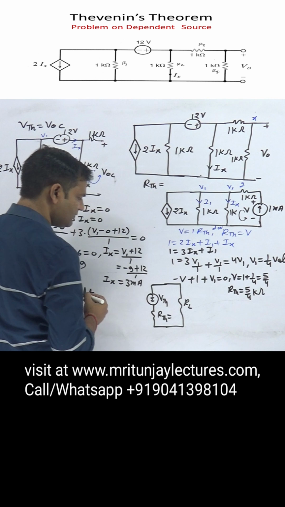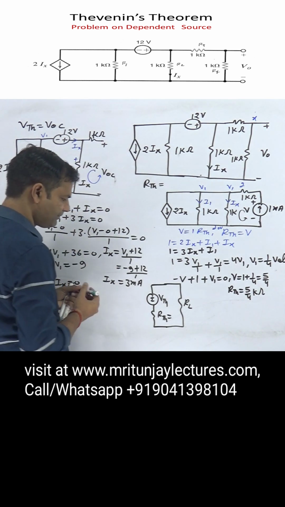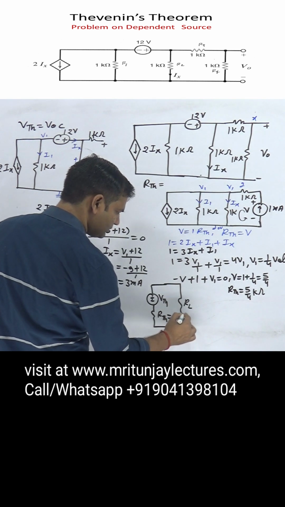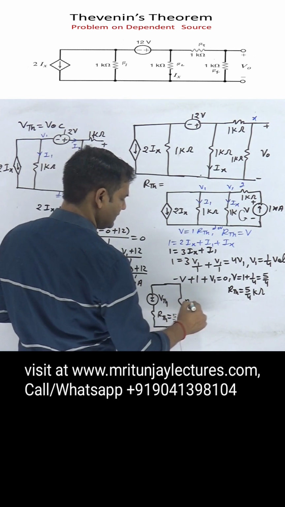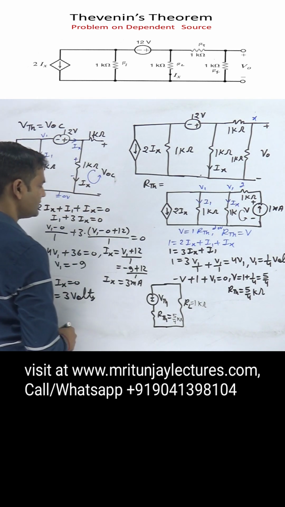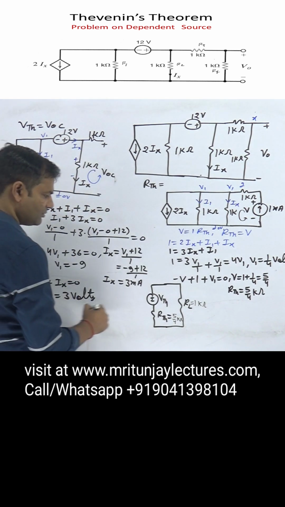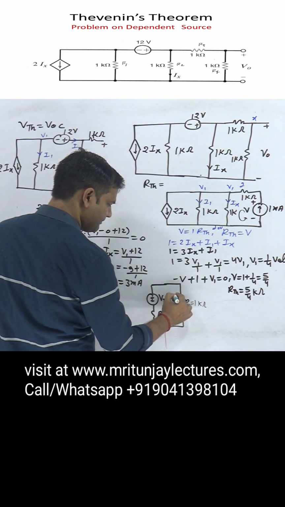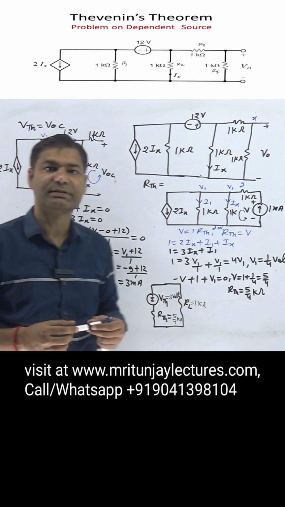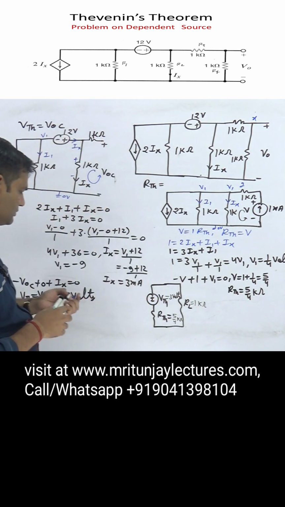RTH is 5 by 4 kilo ohm. RL is 1 kilo ohm. And VTH is 3 volt.